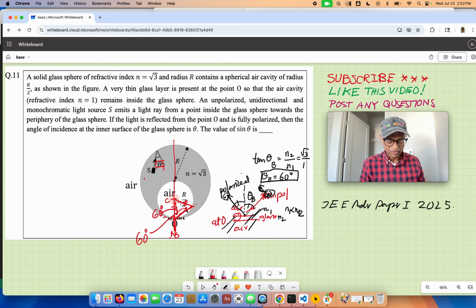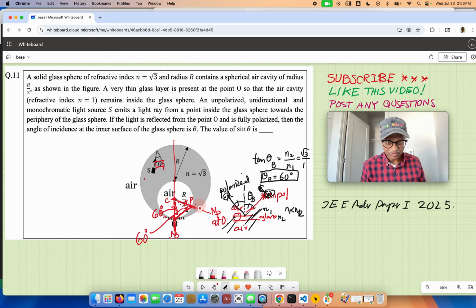Because you're looking at this circle, this is the radius, so this is the normal. Let's call this point P. This is the normal at point P, and this is the angle of incidence, or refraction.